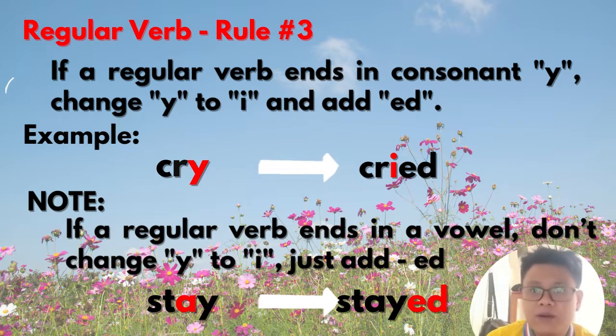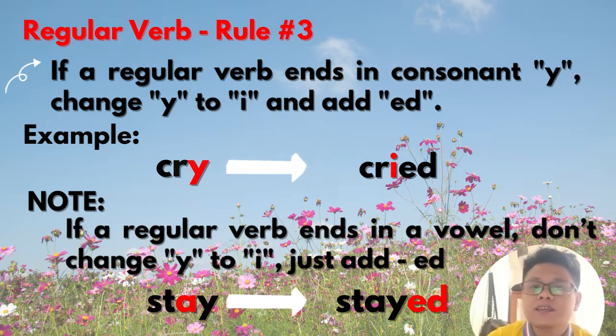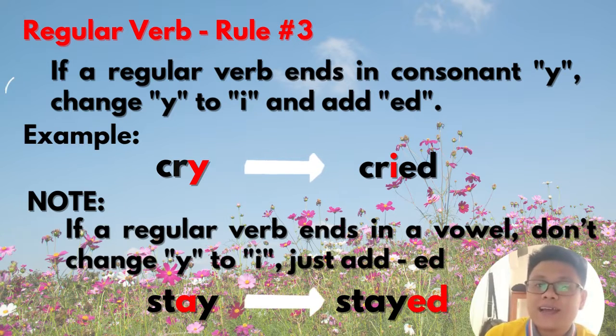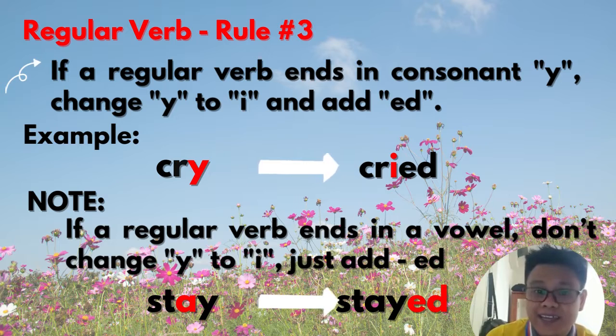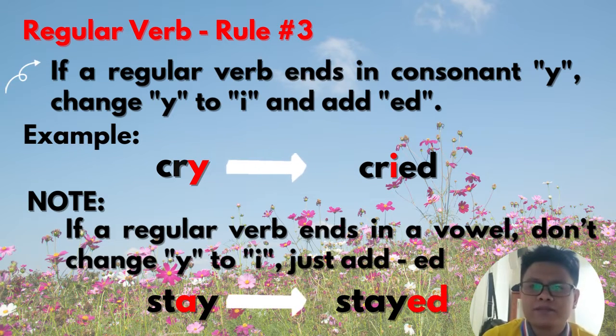What does it mean? For example, cry. The last letter of the word cry is letter Y, and we need to change the Y to I and add ED. So it will become cried.